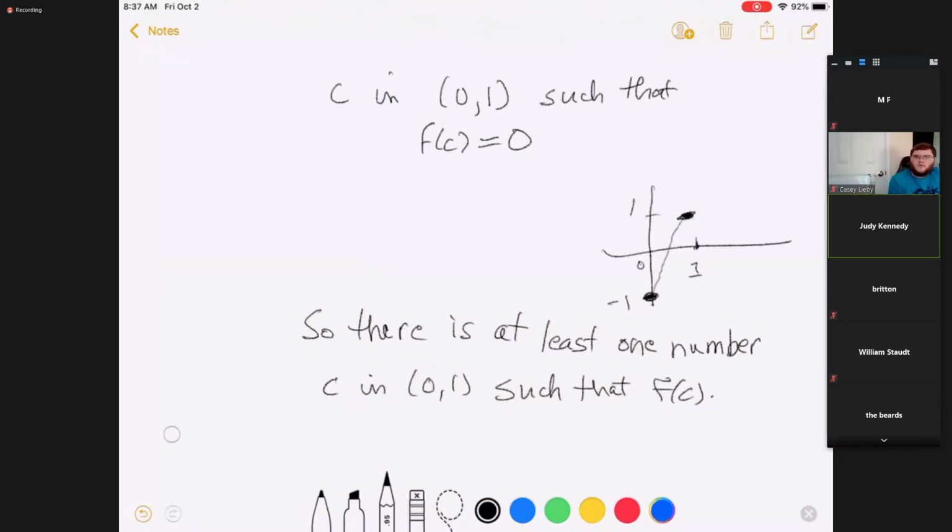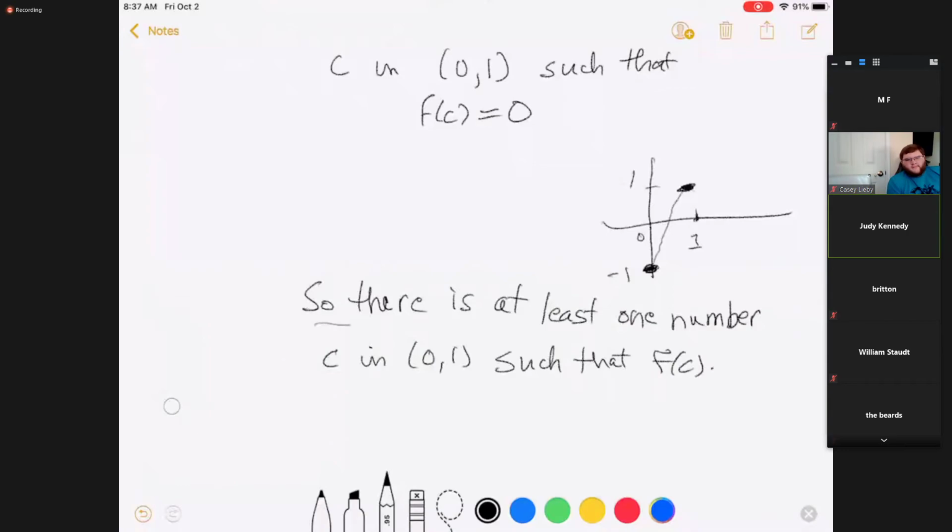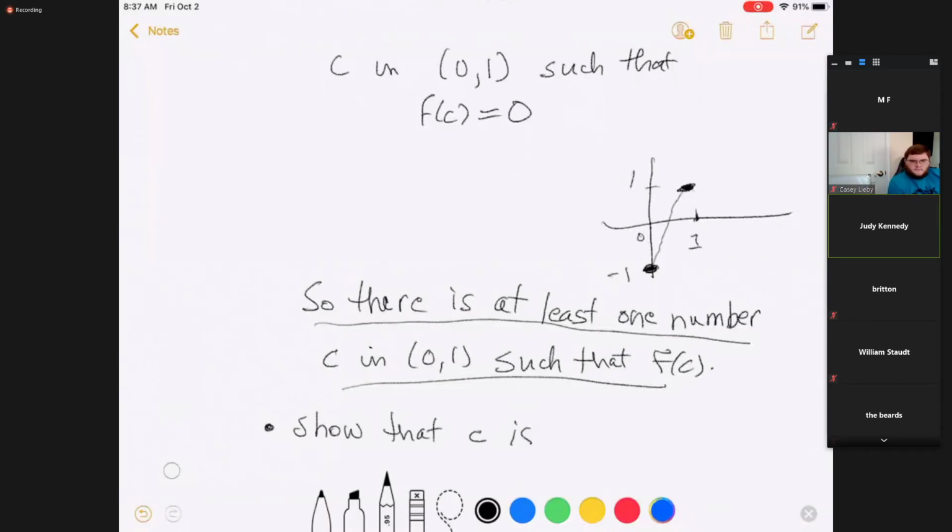I want to show that there's not another one. But I've got some progress here. There's at least one root. So the second thing, I want to show that c is the only one.